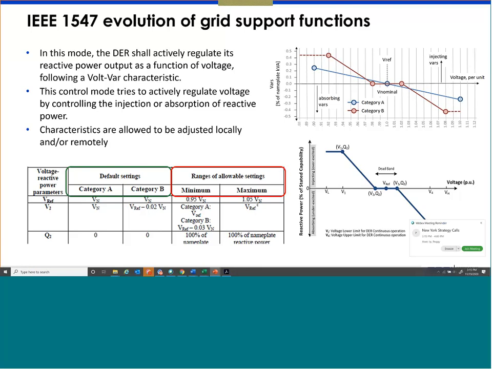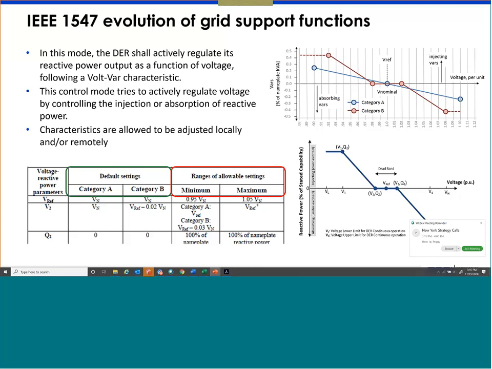So if you feel like you have to do those types of custom arrangements, or this is a 4 megawatt, 5 megawatt plant, for which you want more specific settings for certain applications, then you have the flexibility to change those default values within a range. And for each of those parameters, there's a range specified. For example, Vref default is nominal, but can be anything between 0.95 and 1.05.